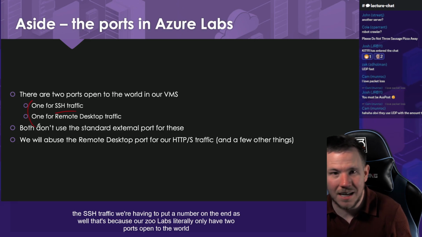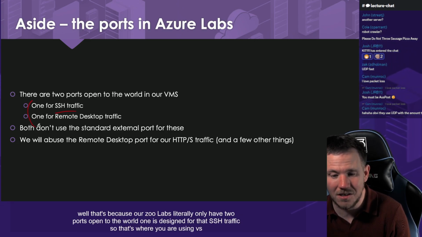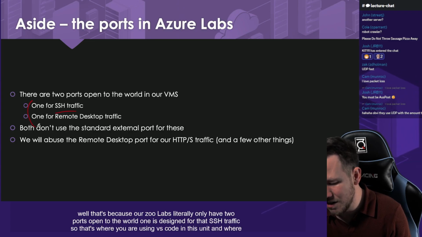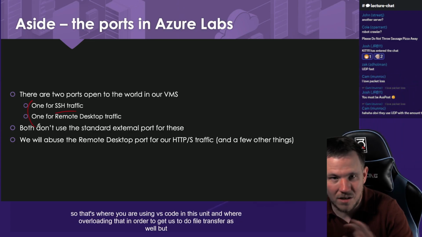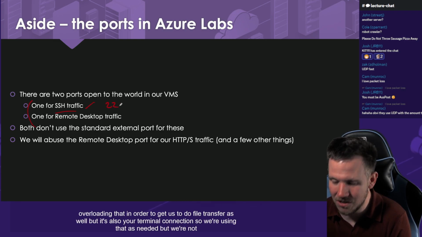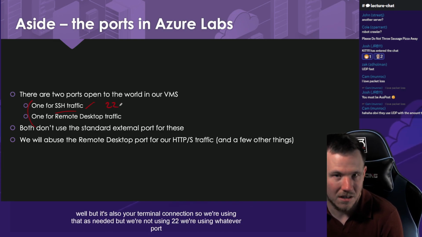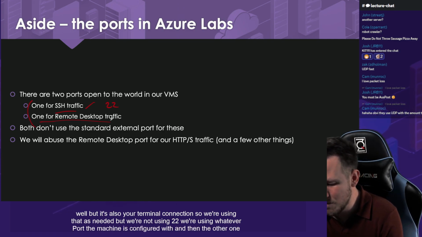One is designed for that SSH traffic, so that's where you are using VS Code in this unit, and we're overloading that in order to do file transfer as well. But it's also your terminal connection. So we're using that as needed, but we're not using port 22, we're using whatever port the virtual machine is configured with. And then the other one is for remote desktop traffic.